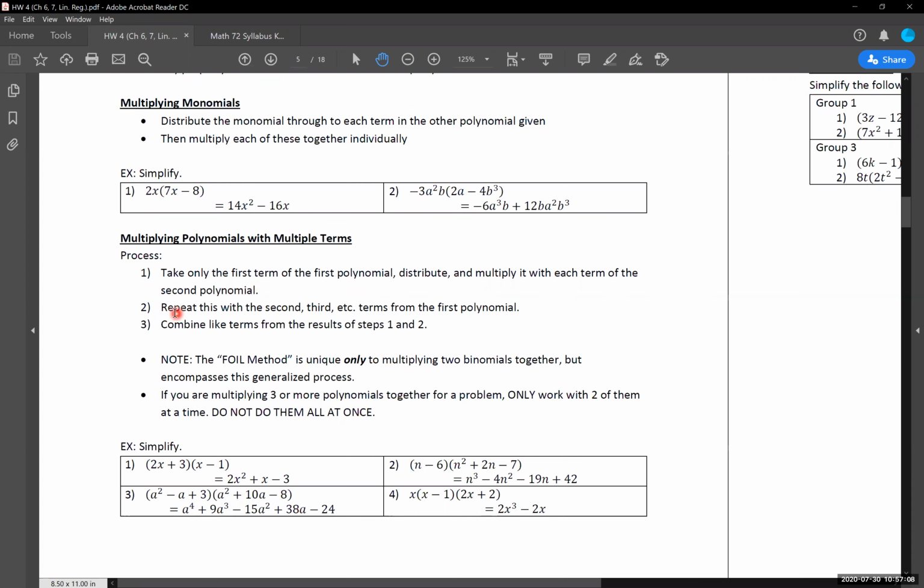Once we've done that, then we're going to repeat this with the second and third, maybe fourth, or however many terms from the first polynomial. After we've multiplied every single term from the first polynomial through to every term in the second polynomial, then we can combine like terms from the results of steps 1 and 2.